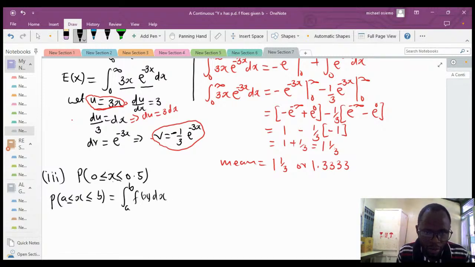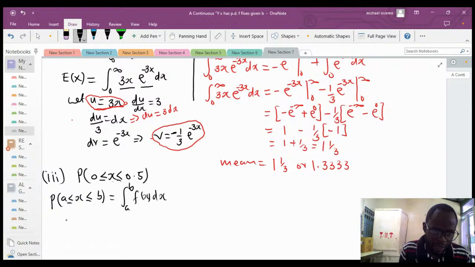So in this case, let us obtain the integral from 0 to 0.5. Remember, we said that this can only be equal to 1 if that is the given range. But in this case, the range of our function is from 0 to infinity, and we have taken a portion, 0 to 0.5, implying that we will not get 1.